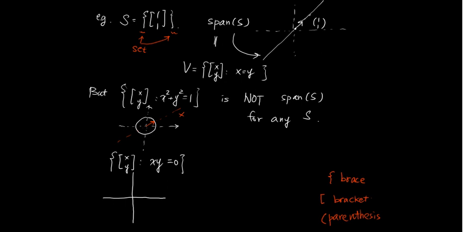And now you might wonder again, can I pick some vectors on here so that the whole set is span S? I can pick one vector here, and then I pick one vector here. But then its linear combination is outside. It is a trouble. So this kind of set is not a span.